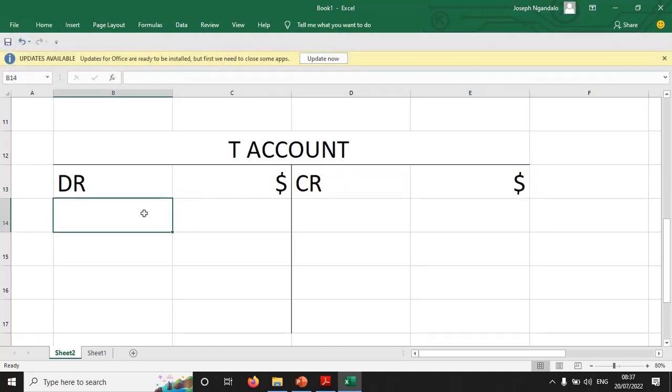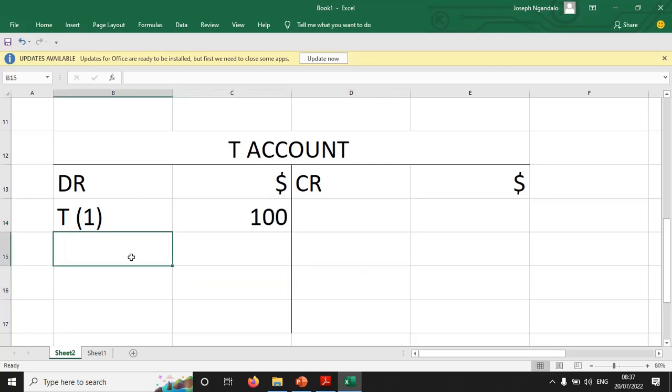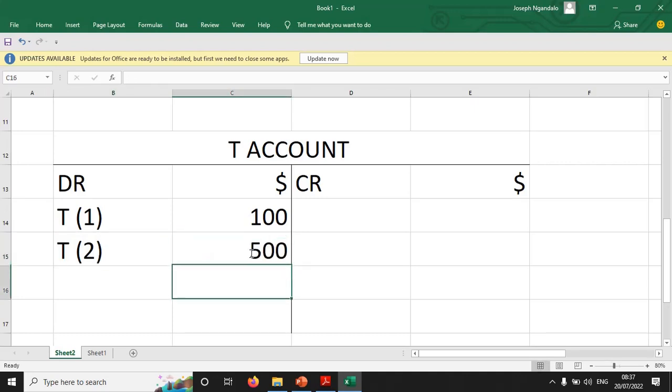Let's begin. Imagine you had the following transactions. This is transaction 1. I'm going to put a number here, 100. And then there is also transaction 2. I'm going to put a number here, maybe 500.